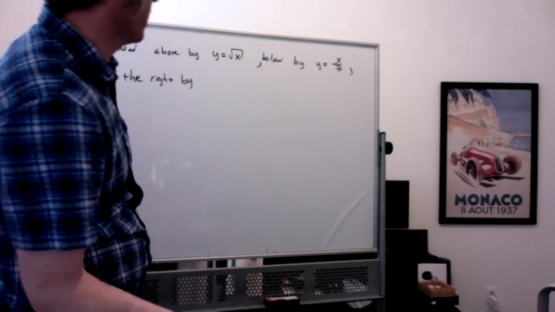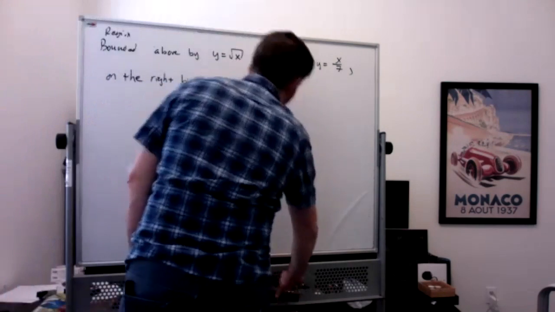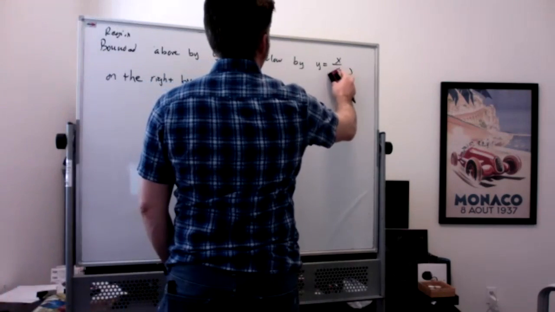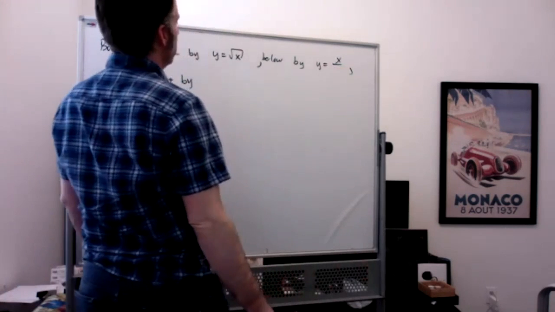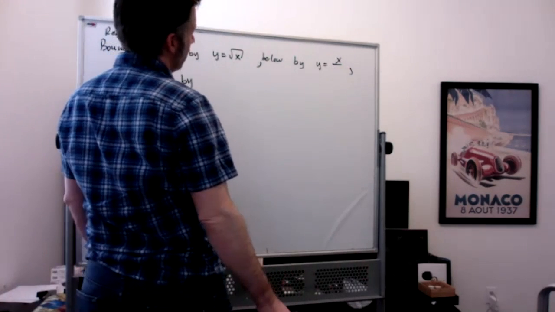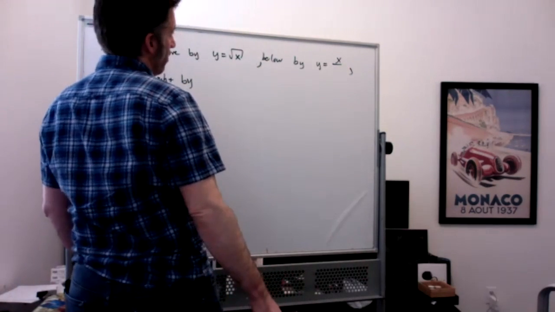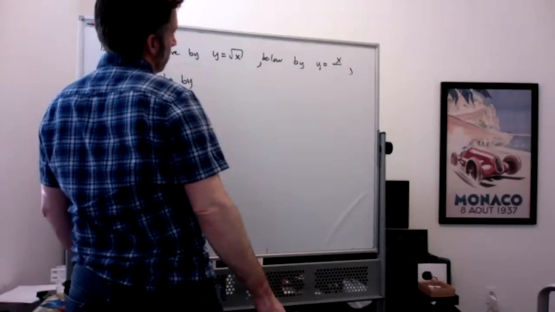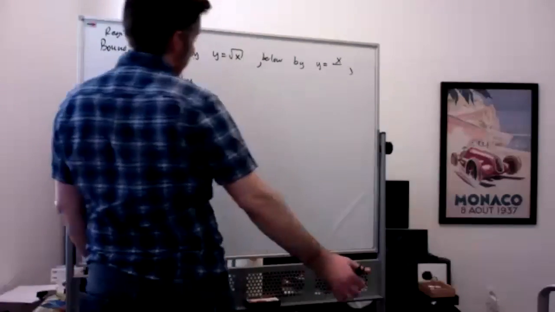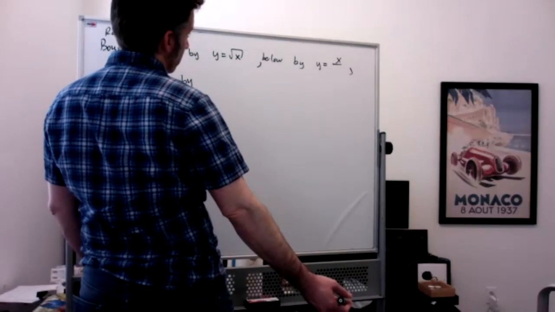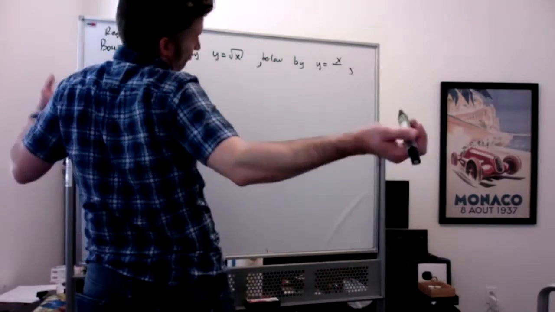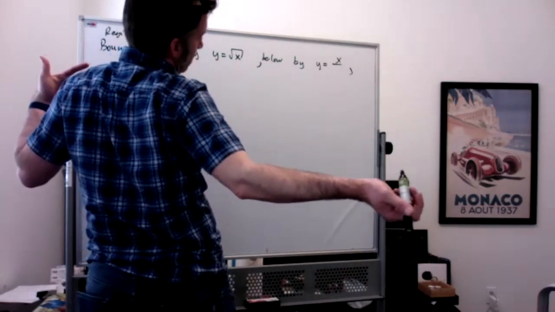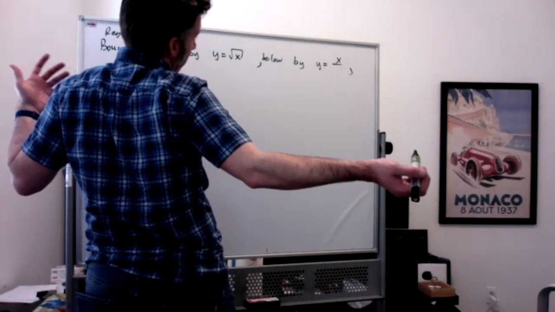Maybe I should pick a slightly different number. Let's pick something that's nice to take the square root of. Sorry, I was trying to pick fun numbers and now I'm like, that'll be too big.